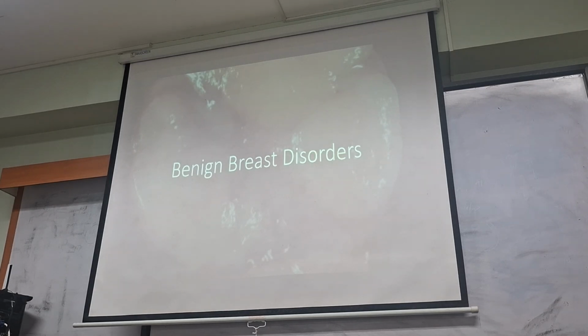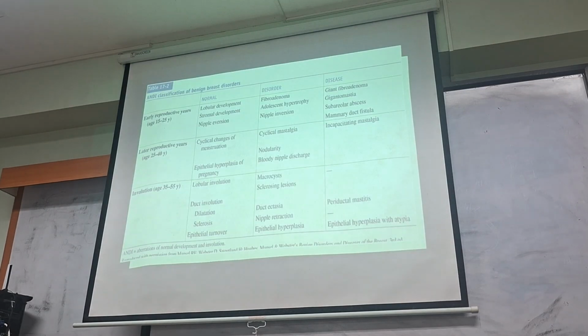So we go to the benign breast disorders. Now, there are classifications of breast disorders, and this is important because we would suspect certain disorders to be more common in certain age groups. Also, it would depend on the history of the patient.